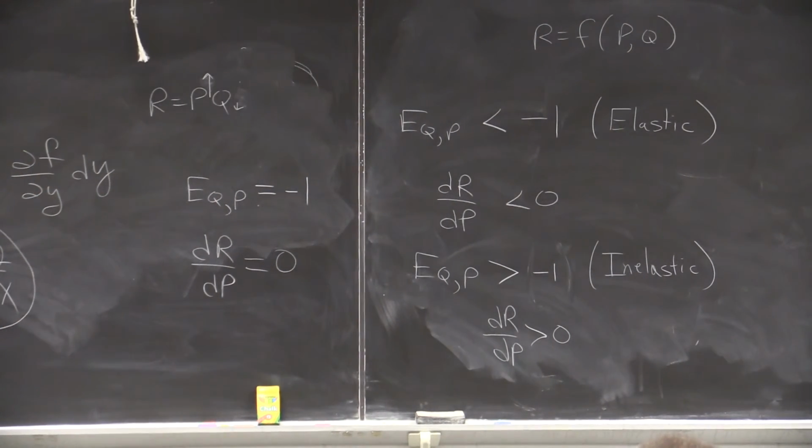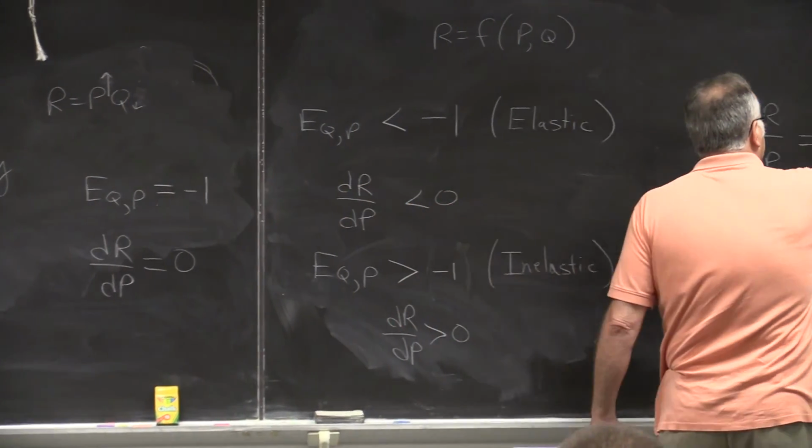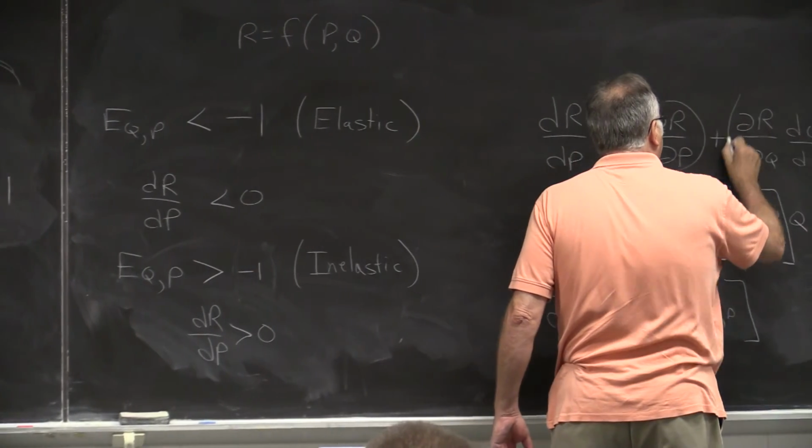So in this case, when price changes, output has to change by the law of demand. So we're really talking about a total derivative, dR/dP, which is composed of two parts, a direct effect and an indirect effect.